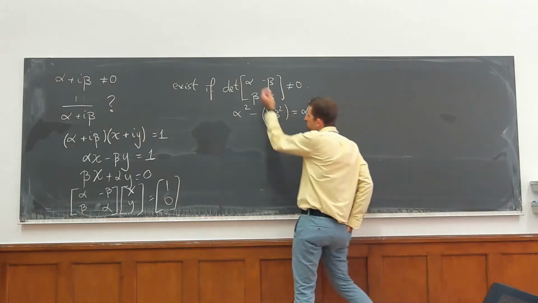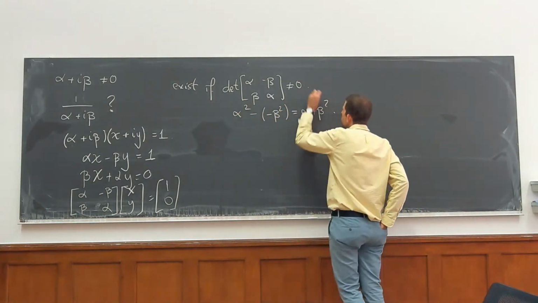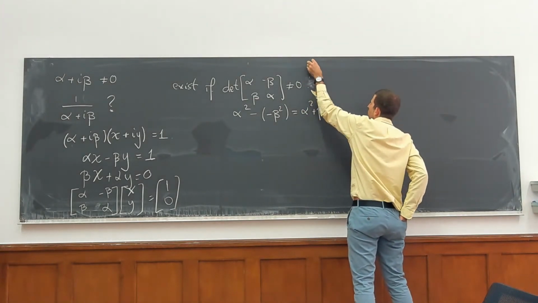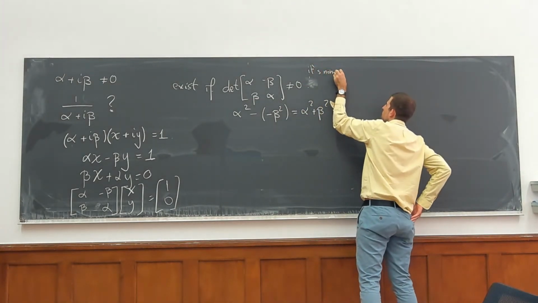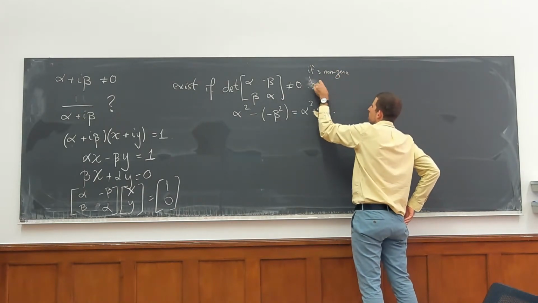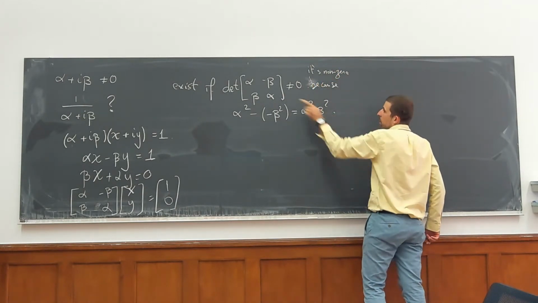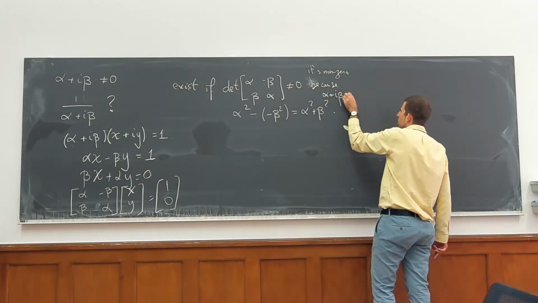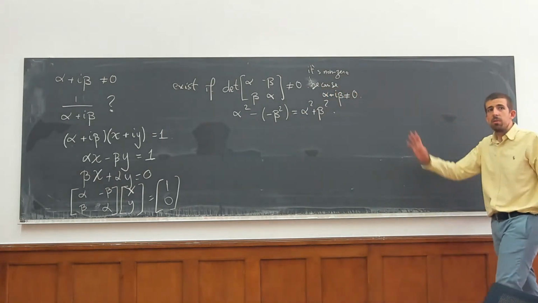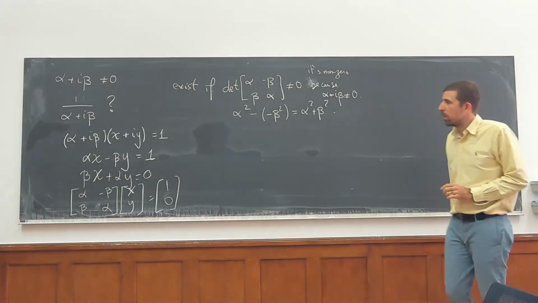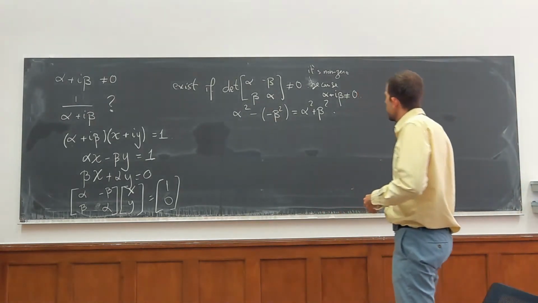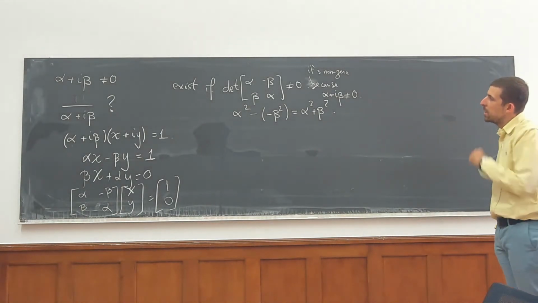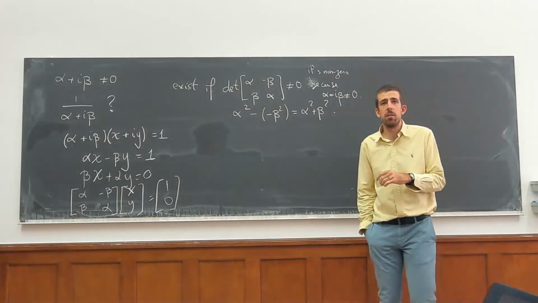But this can't be true, so this is non-zero because alpha plus i beta is not 0. We're never allowed to divide by 0, and here the same. Okay, since this is not 0, then indeed there is a solution, we just have to find it.